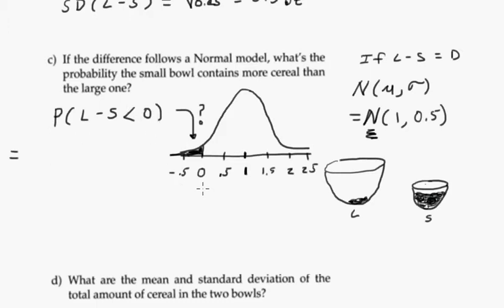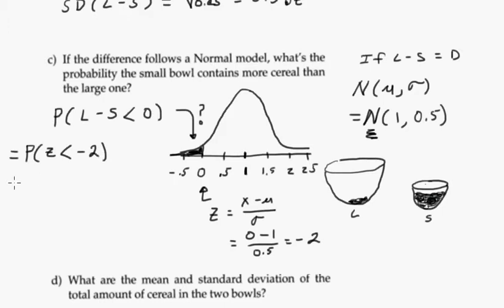To do that, we need to find the z-value for that location. The z-value, if you remember, is the observed minus the expected divided by the standard deviation. So the observed here would be 0, minus the expected 1, divided by the standard deviation 0.5. So we get a nice even negative 2, which makes sense because we're 2 standard deviations away. Now this becomes the probability of z less than negative 2, and we can use our calculator to do that.